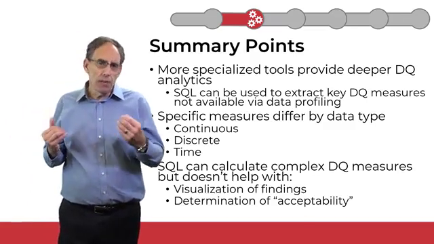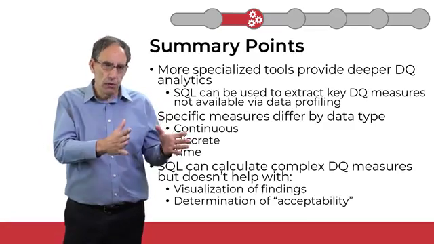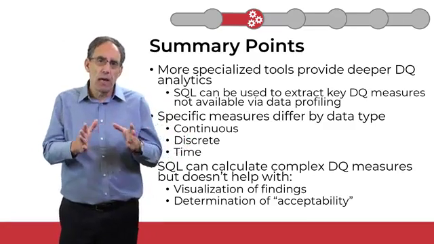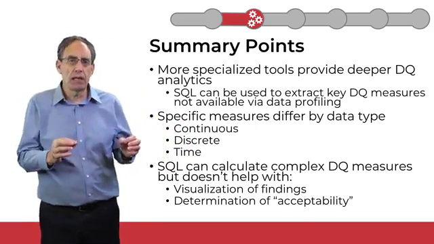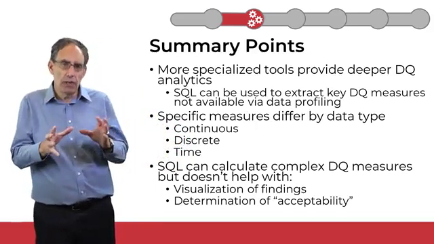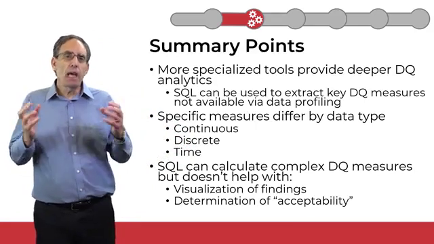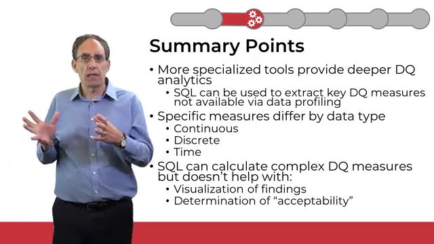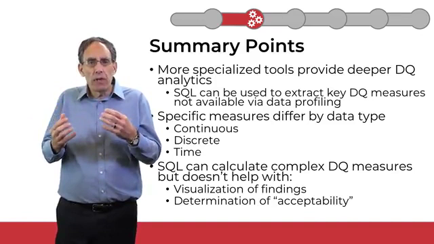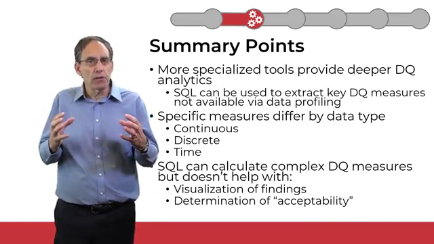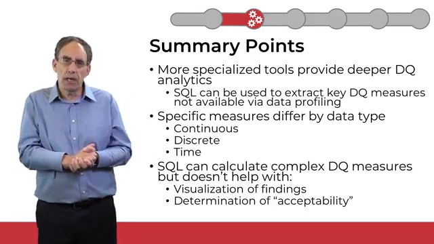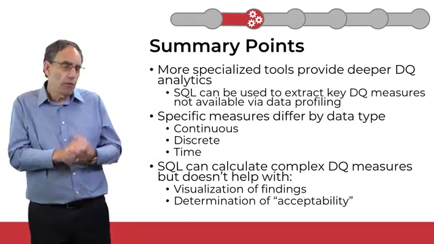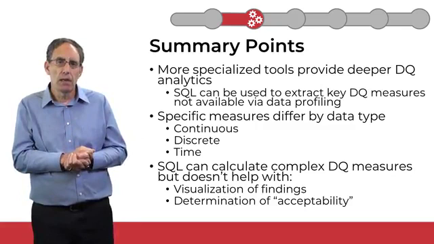We showed simple examples for continuous, categorical, and temporal data elements. While SQL can help calculate more sophisticated data quality measures, it is unable to help with visualizing the findings that could reveal non-obvious patterns, or for applying data quality rules that can assess if the available data quality is acceptable for an intended use case.